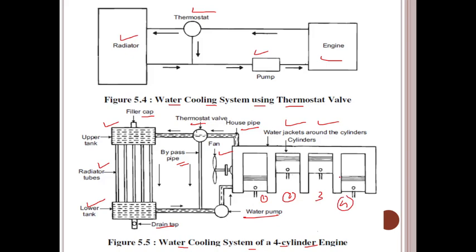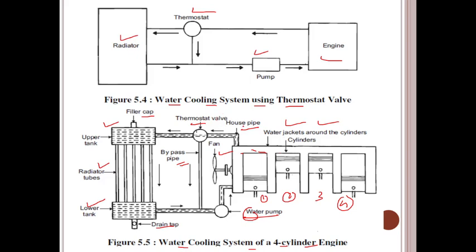Now, how does a water cooling system work? When the engine runs, the pump runs. The pump pumps the cold water from the lower tank, and it is circulated along all the cylinder heads.